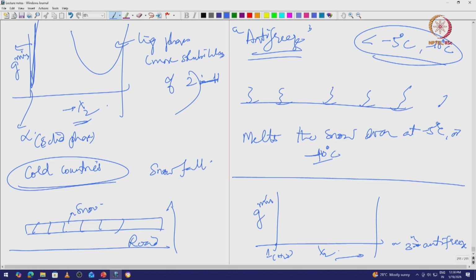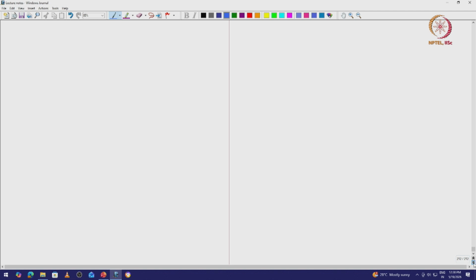Now water doesn't mix with antifreeze in the solid state, right. So in the solid phase, that's the alpha phase, in the alpha phase water hates antifreeze.